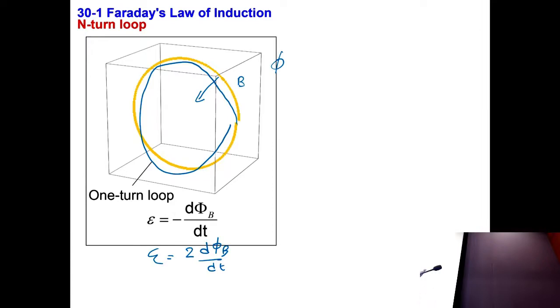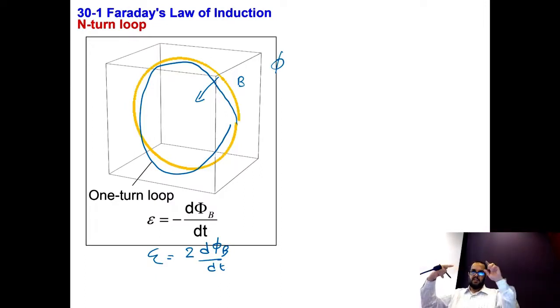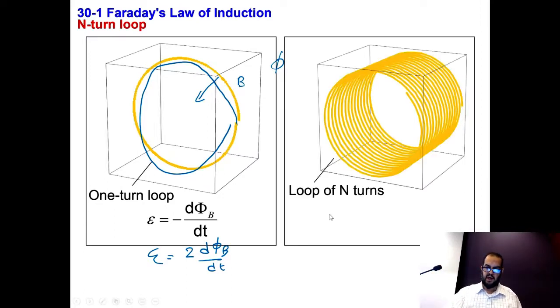So if we have a coil that has n loops, and you change the magnetic field through it, you generate n times the EMF of a single loop. So here we have n loops, so this is a coil, and the induced EMF in this case, epsilon, is minus n times d phi dt, where n is the number of coils or the number of loops in this solenoid.